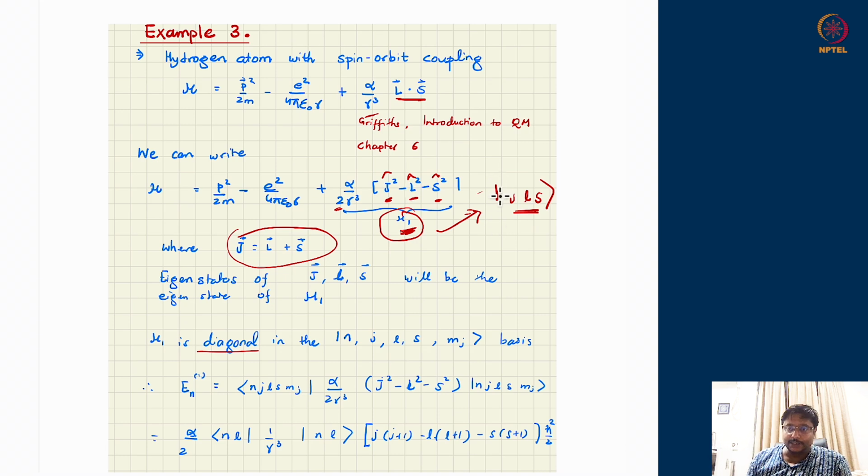And if it has information of n, then it is eigenstate of unperturbed Hamiltonian as well. So if I write things in a basis n, j, l, s and z component of the total angular momentum mj, then I know this is a basis in which H0 is diagonal as well as H1 is diagonal.